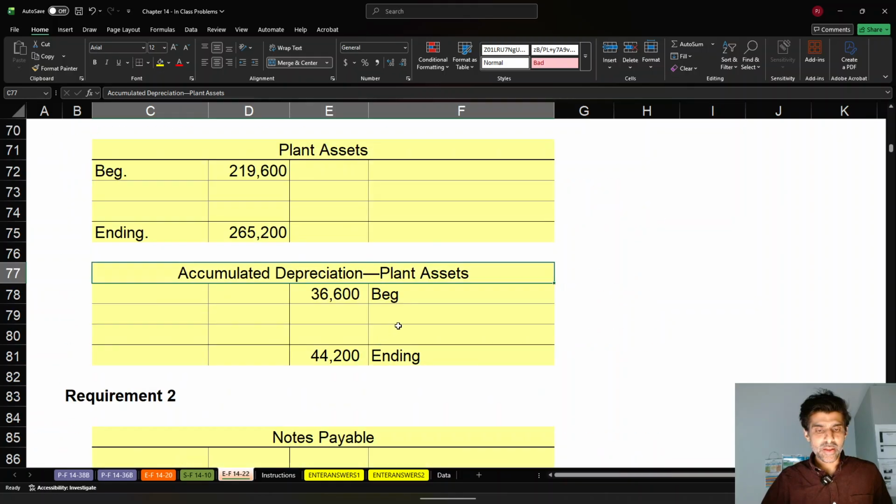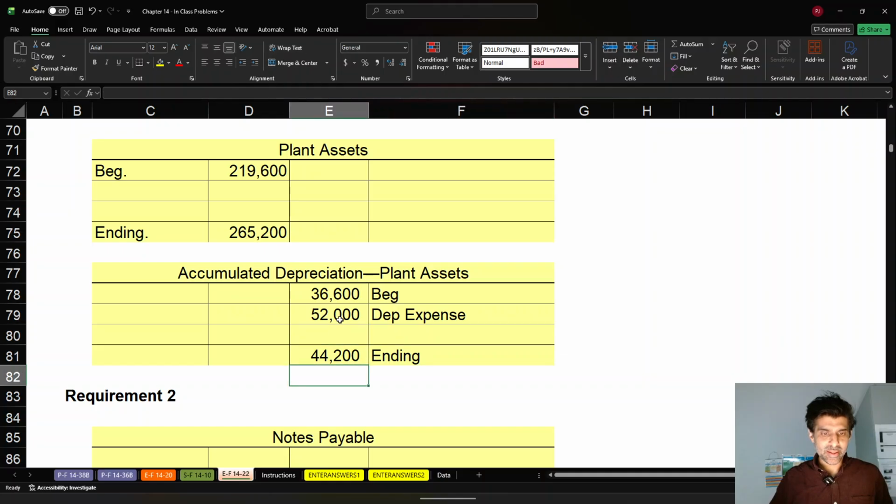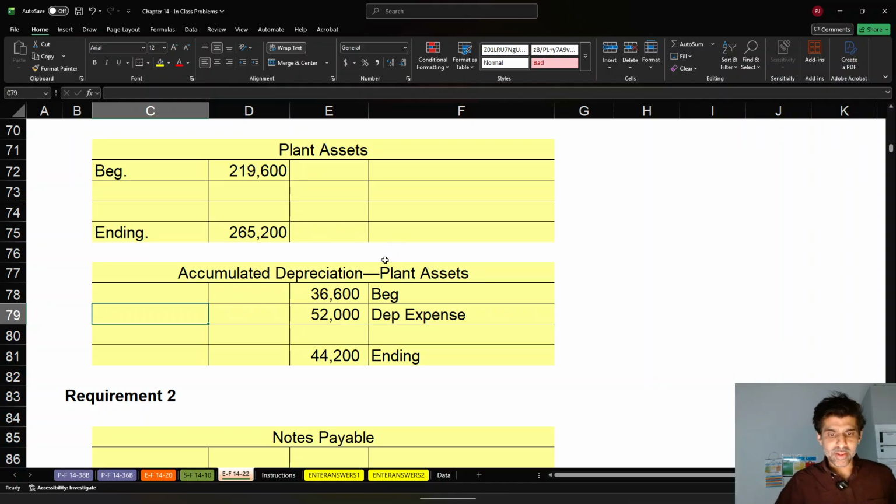So if I put 52,000 here, this is depreciation expense. It's clearly not right. It's off, because if I add these two up, it's not going to be 44,200. It's something much larger. So I know something is missing from there. So let's just continue on.